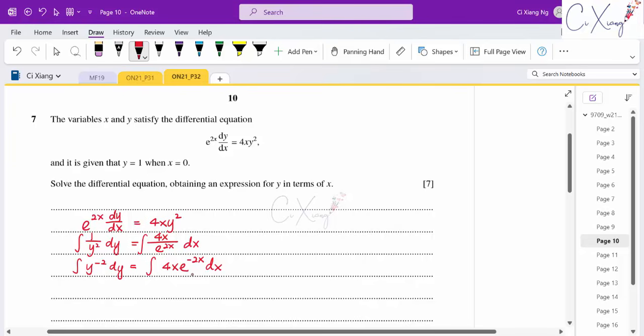So you have the product of two functions and you want to integrate it, we have to apply integration by parts. The integration by parts formula is provided in MF19, but I'm writing it out here. To integrate u dv, it will equal uv minus the integral of v du.